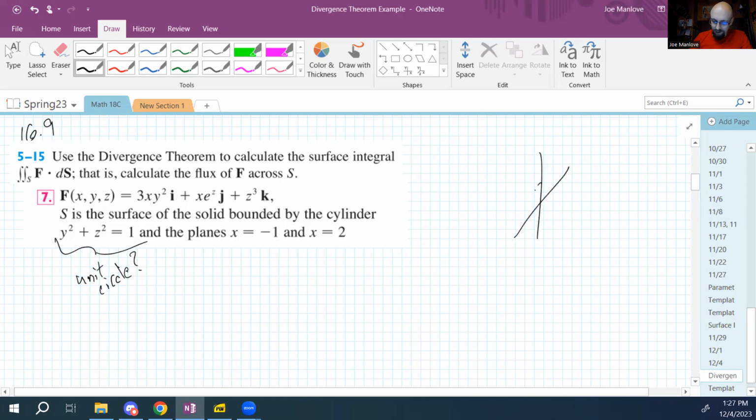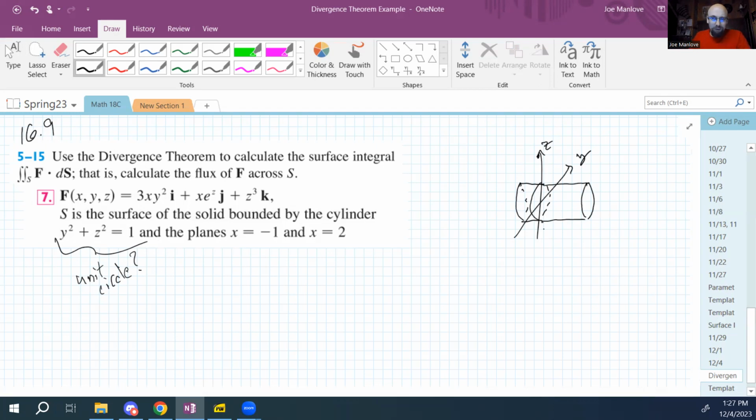So I guess what I've got here is a unit circle in the YZ plane. And then they told me it runs from x is -1, so back here. That's x is -1 there, out to x is +2 out here. Okay, so this is the shape I'm talking about, this little cylinder, right? It's a toilet paper tube, cool.